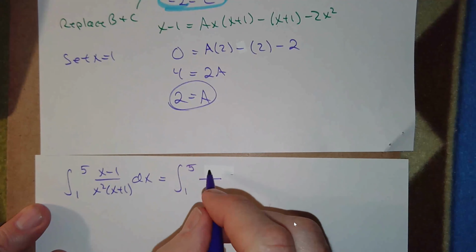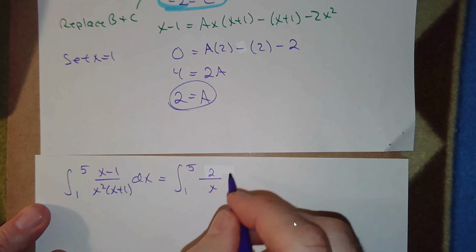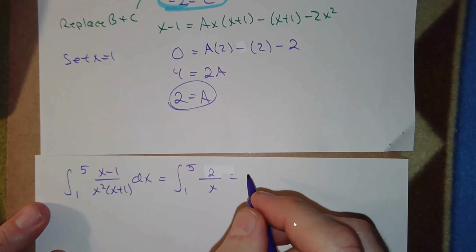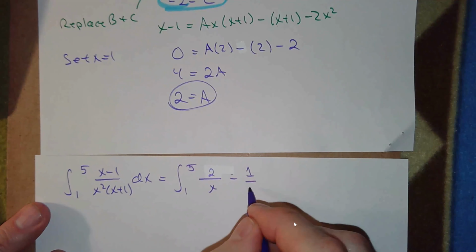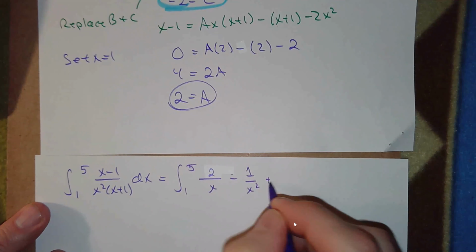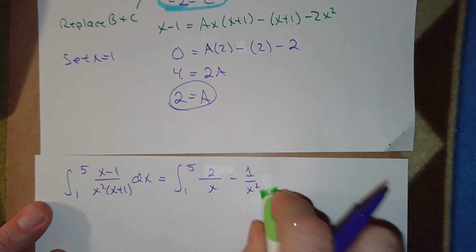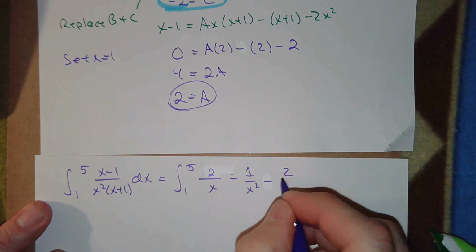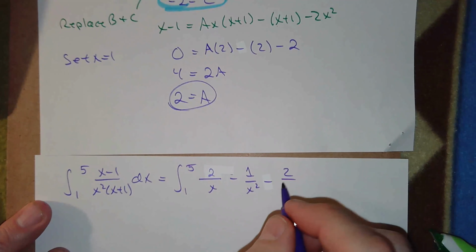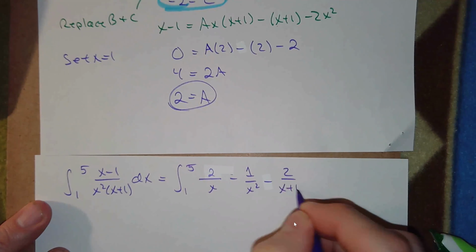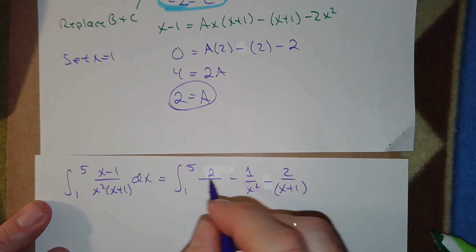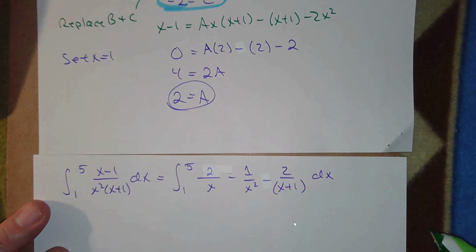A was 2, so it's going to be 2 over x. B was -1, so it's going to be -1 over x squared. And C was -2, and I'll just write the negative here: -2 over x plus 1. And all of that is dx.